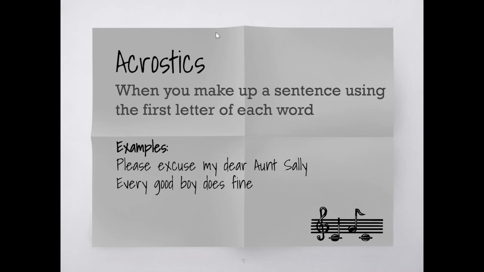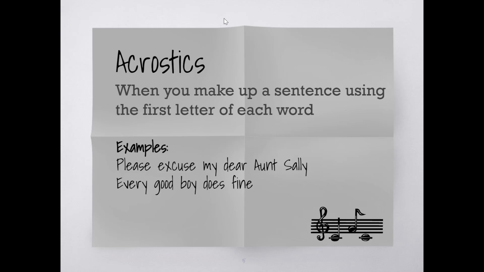Okay. The next is acrostics. These are often confused with acronyms, where we take a phrase or a group of words and make them into one word. For an acrostic, you're making up an entire sentence using the first letter of each word. So for this example, please excuse my dear Aunt Sally.